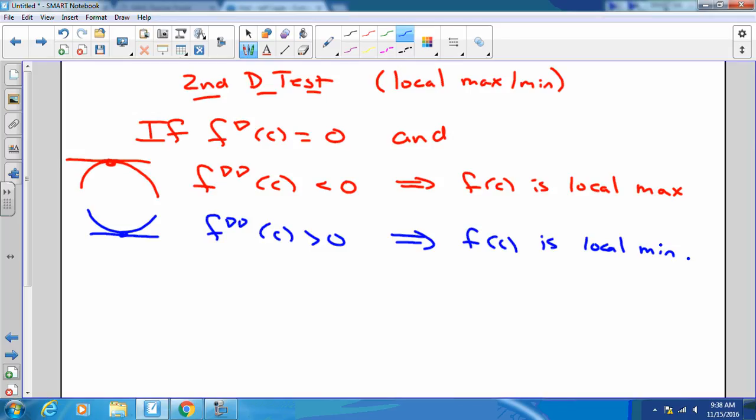If none of these cases obtains, so what are the other possibilities here for f double prime of c? Equals 0, exactly, or does not exist, that's right, fails to exist, then the test fails. Otherwise, our test fails.